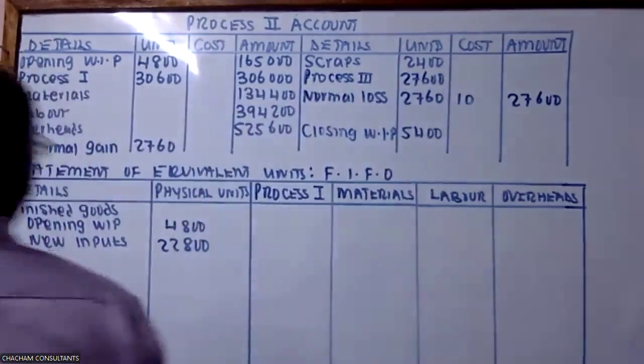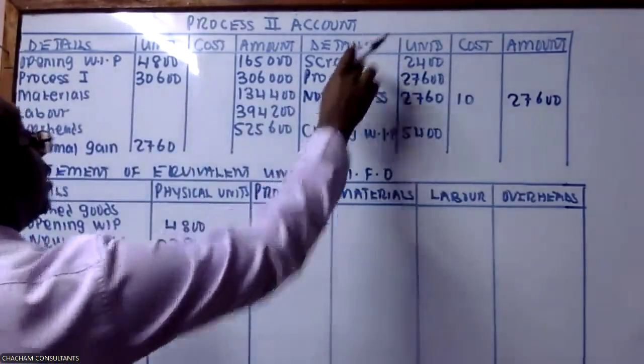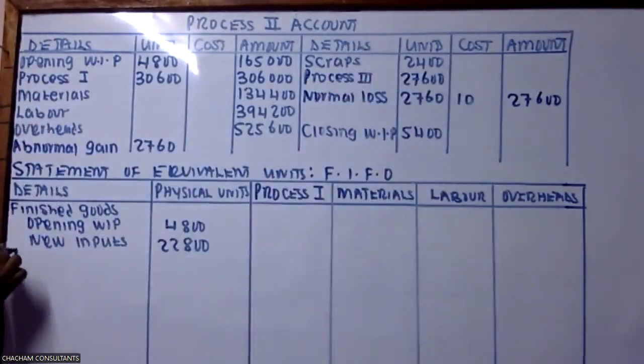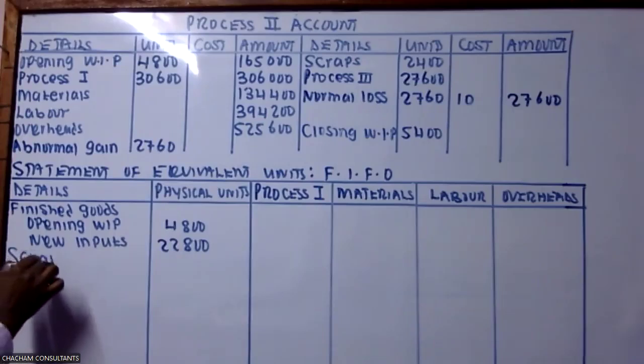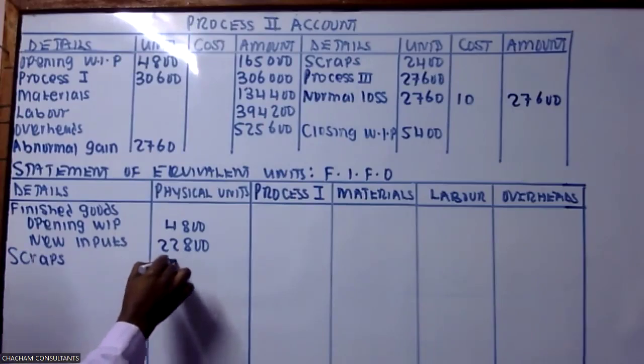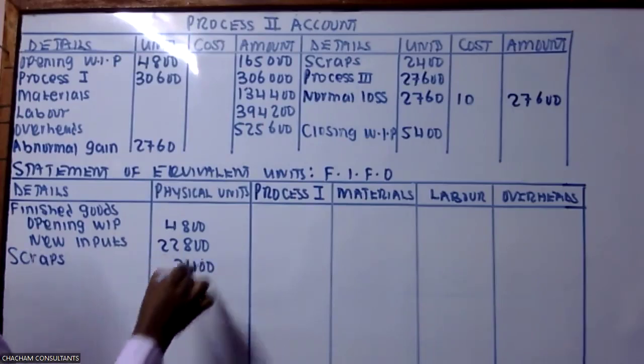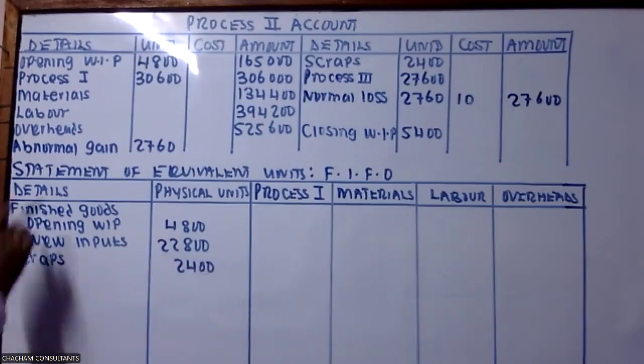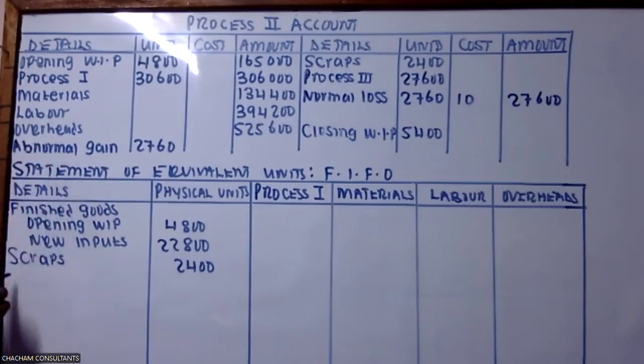The next one that you bring, you can now bring the scraps. The scraps is 2,400. The next one that you bring is the abnormal gain. Although abnormal gain would only come here for these, no harm wherever you bring it.